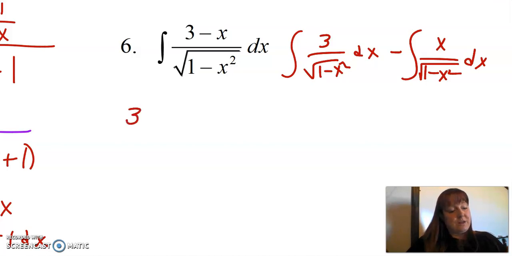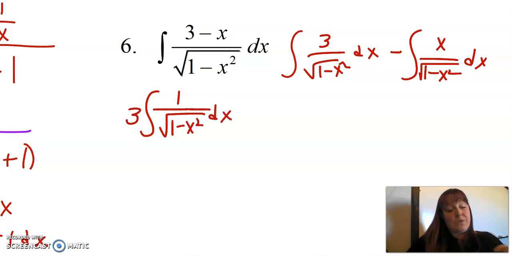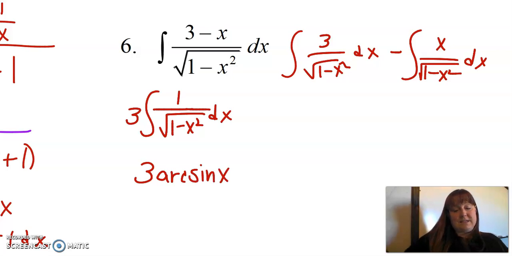So let's just bring that 3 outside, and then we have 1 over square root of 1 minus x squared dx. Awesome. So that one is just going to be 3 times arc sine of x, because the integral of this exact thing is arc sine. So that one's done. Easy peasy lemon squeezy.